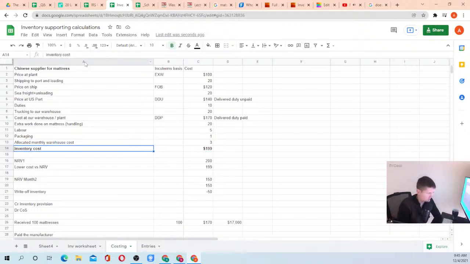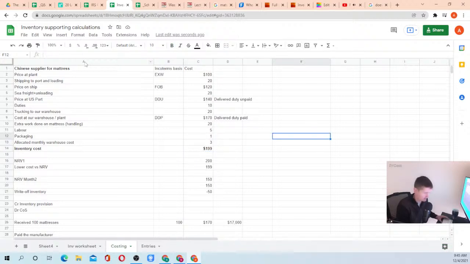For example, to keep those mattresses in the warehouse, you incur monthly warehousing costs. And in theory, you can probably capitalize all of those. So if you do not move your mattresses and you keep them, and your net realizable value is higher than whatever you have in the cost, you can capitalize your warehousing costs every month.